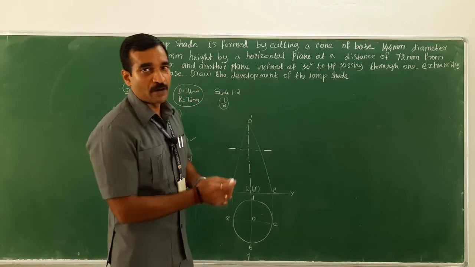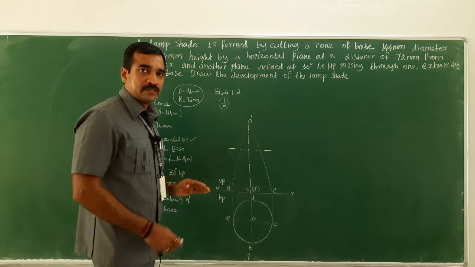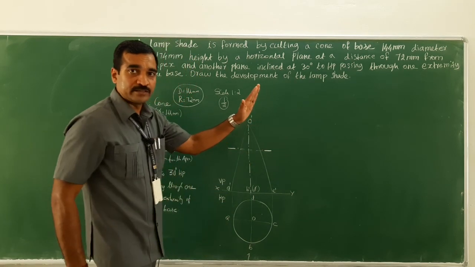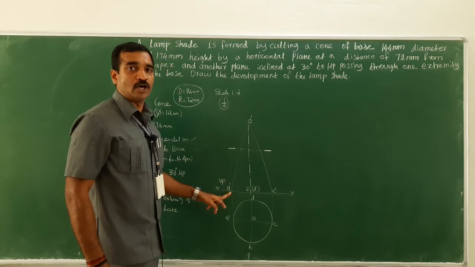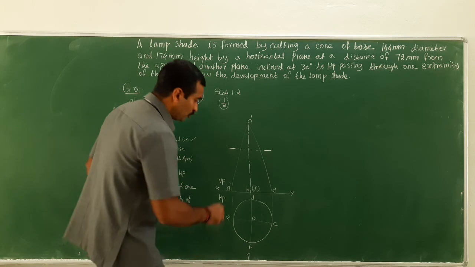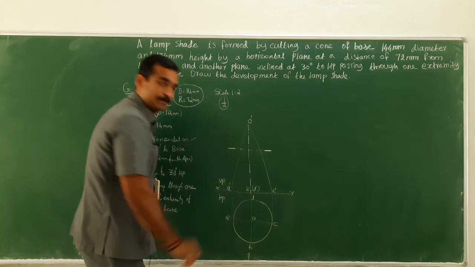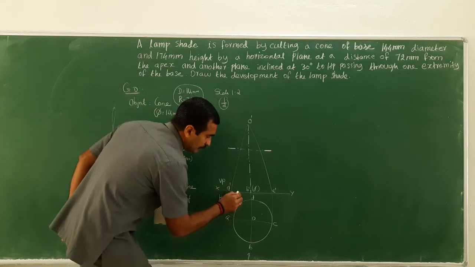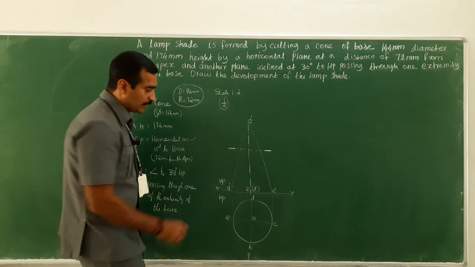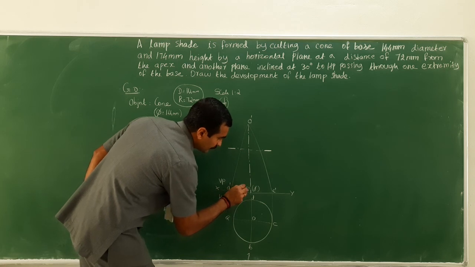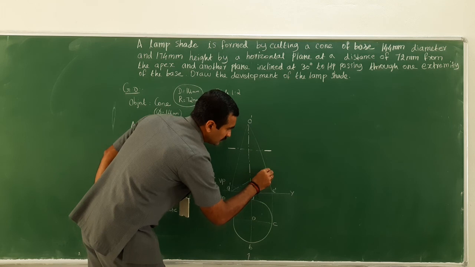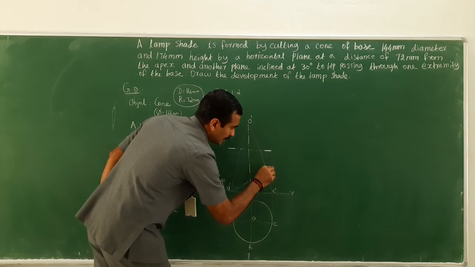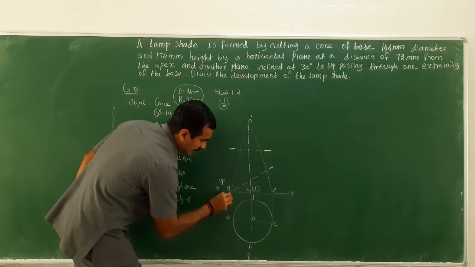Usually our practice is to cut left to right, so I am going to choose the left extremity of the base. Now I am going to keep the protractor in this manner and choose 30 degree from the horizontal, somewhere here. Now draw the line, this represents the cutting plane.